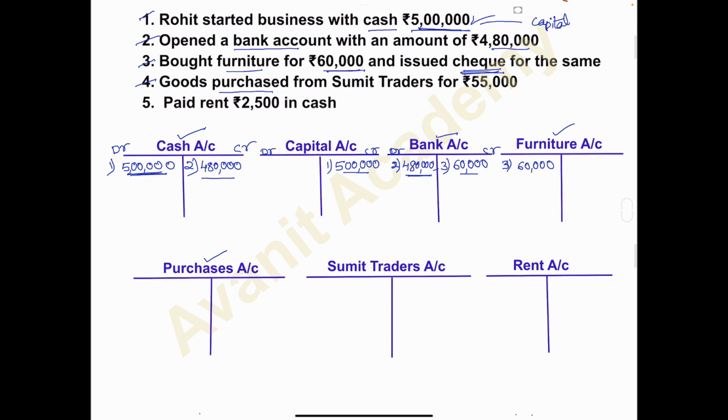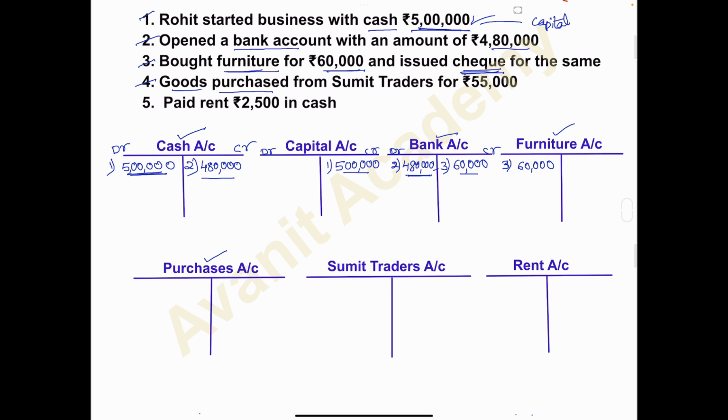For example, in the third transaction, bought furniture. Furniture is a fixed asset, so I have written furniture here. If they had purchased machinery, then I will take machinery account. But for purchasing and selling of goods, we have to write purchases account or sales account.